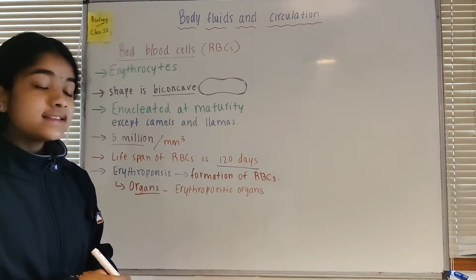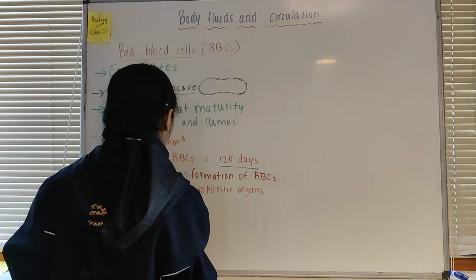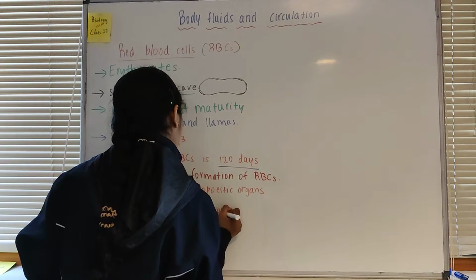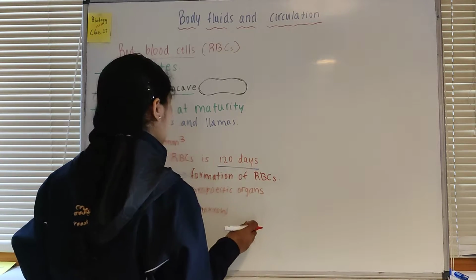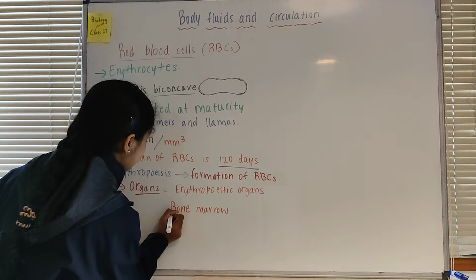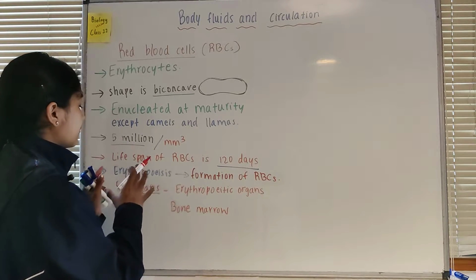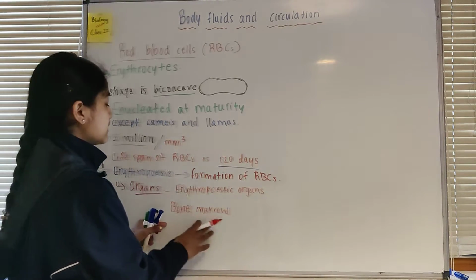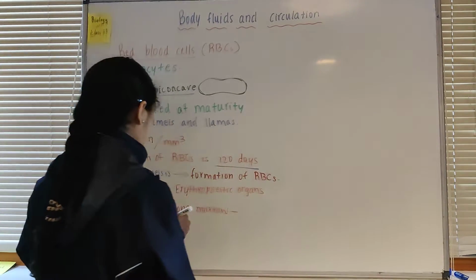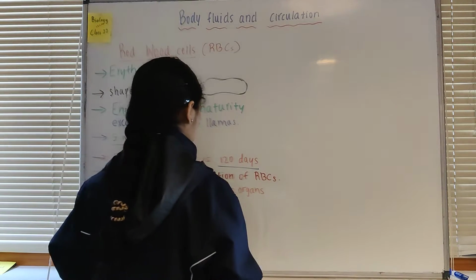Now, these erythropoietic organs are bone marrow. So, in bone marrow itself, the RBCs are formed. In bone marrow, the process of erythropoiesis takes place. That means this is the organ or the structure which helps in the process of erythropoiesis. That means this is actually the erythropoietic organ. This bone marrow is after birth.